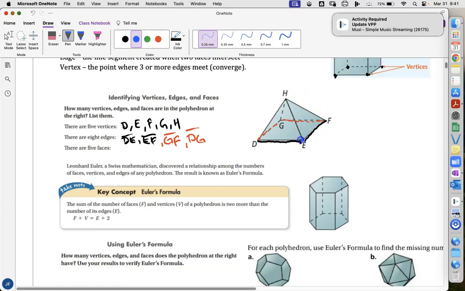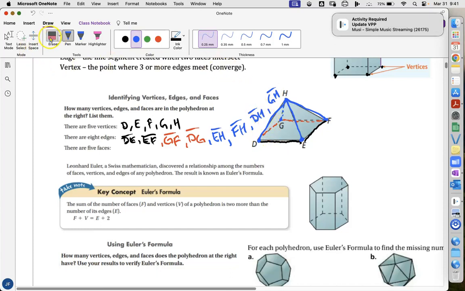Then we're going to go from the vertex E up to H, so EH. Do that from F to H. We'll do it from D to H. And then finish over here from G coming up to H. So those will be all your edges.